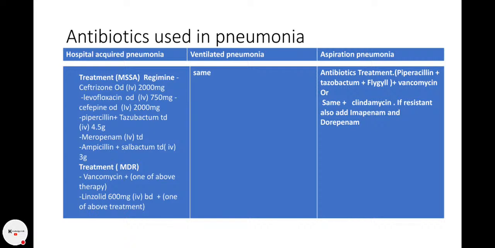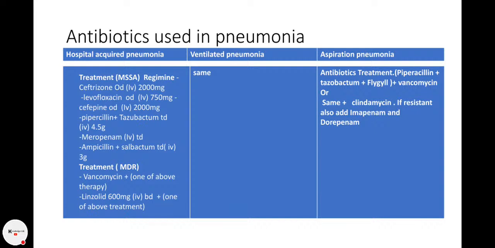These are used within methicillin sensitive Staphylococcus aureus. The treatment of multiple drug resistance includes more than one drug, and these include vancomycin and one of the above therapy. And linezolid 600 milligram is also added with one of the above therapy.